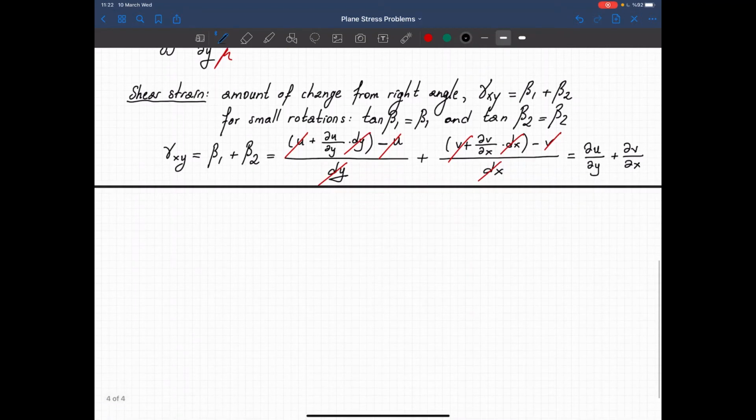So my kinematic equation, or the strain displacement relationship, if I show it in matrix form, is as follows.